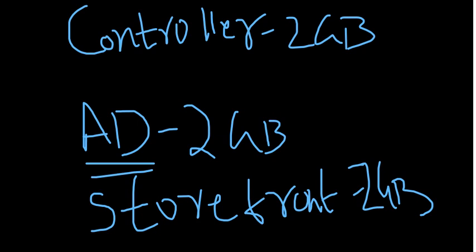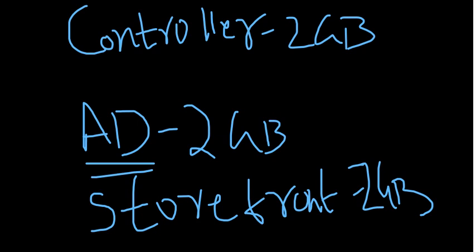On the controller, when you're installing it, it asks you to select the components. For a lab setup, you can have Citrix Director, Citrix Studio, and the Citrix license server, everything installed on the controller because this is just a demo or lab environment.